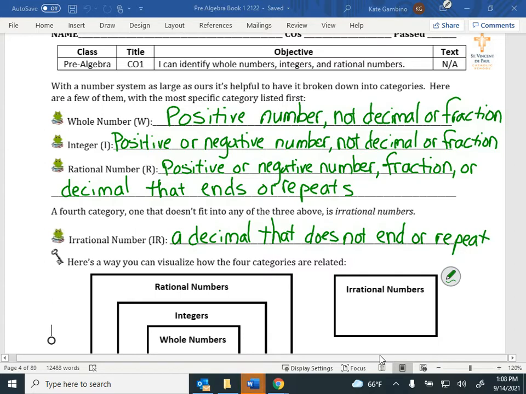So if it's irrational, it means it has a decimal that goes on and on and on forever. Never ends. It doesn't repeat itself. So here's a way that you can visualize how the four categories are related.